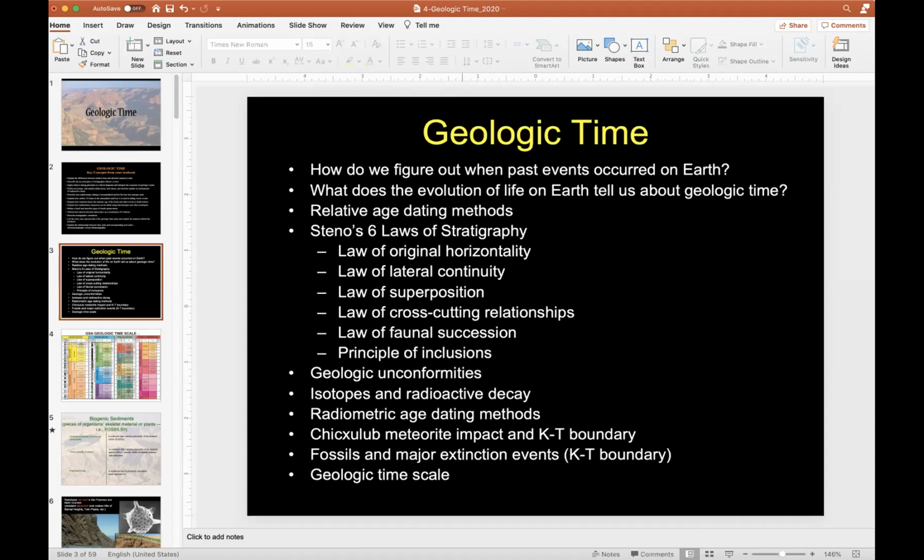And like I said, I'll put organisms to that. I'll give you some details of relative age dating methods, and that's what your lab is all about. We're going to talk about what an isotope is and radioactive decay, a few of the radiometric age dating methods.